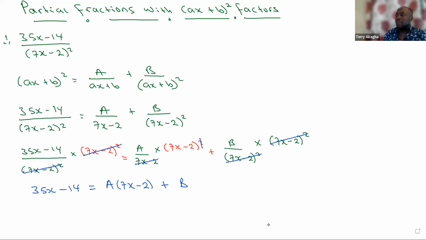So I think I can use another new slide so that it will be clean. So it will be 35x minus 14 is equal to a times 7x minus 2 plus b. Like I said, I'm going to let x be 2 over 7.